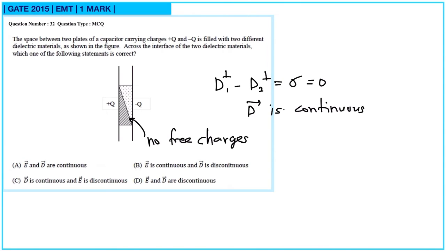And according to the boundary condition, the parallel component of E bar is also continuous. So the parallel or tangential component of the electric field is continuous, but we can't say that for sure for the perpendicular component. So here D bar is continuous and E bar is discontinuous. So option C is correct.